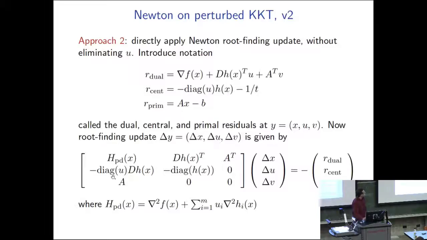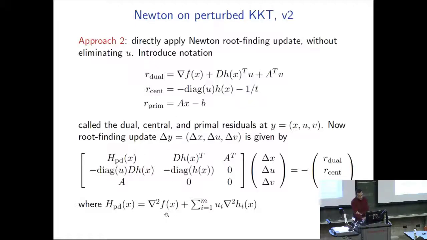I'm going to get just minus diag u times the Jacobian matrix of H at x. Differentiate with respect to u, I'm just going to get minus diag of H of x. And with respect to v, I'm going to get 0. And then finally, for this last block, for differentiation with respect to x, u, and v, I get A, 0, and 0 respectively. So that's the explanation for why this is the Jacobian.